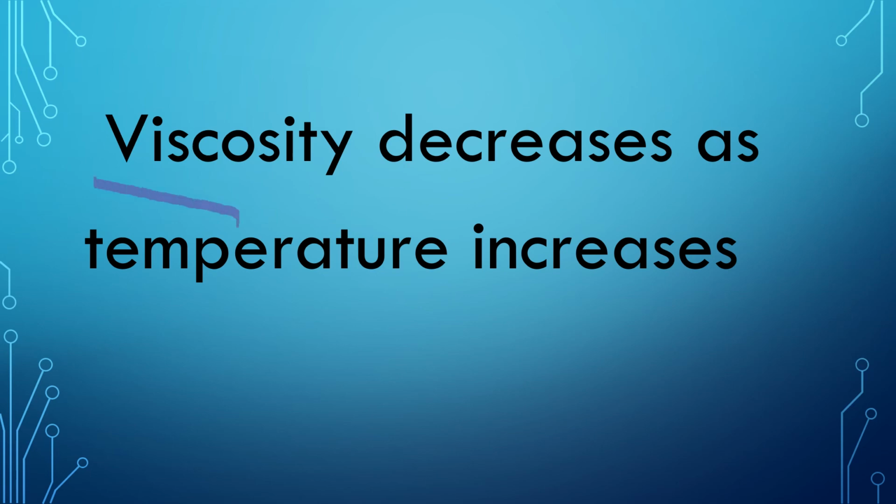This is the so-called temperature. Viscosity decreases as temperature increases. Mas mainit, mas kaya niyang i-break yung forces. Okay? Kaya niyang paghiwalayin yung molecular bond na meron sila. An example of this is honey syrup.